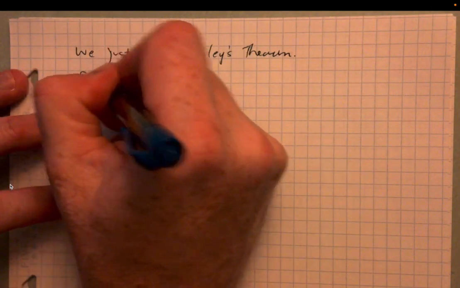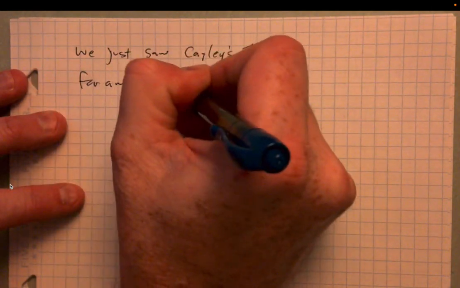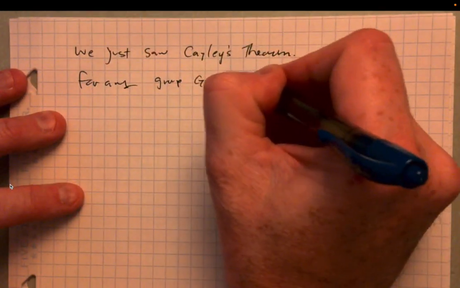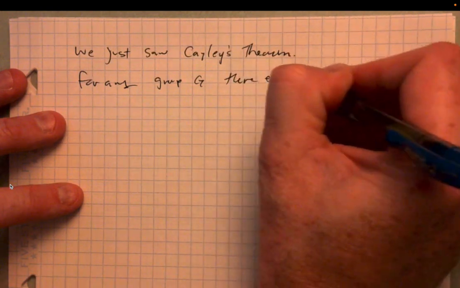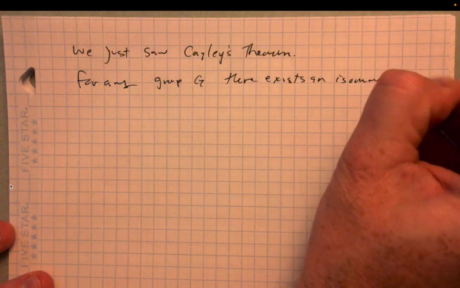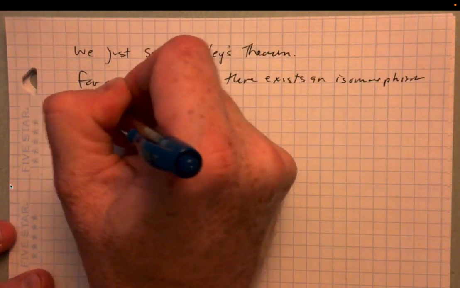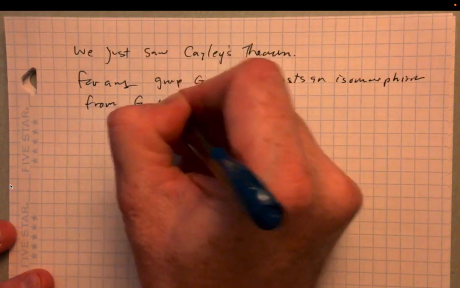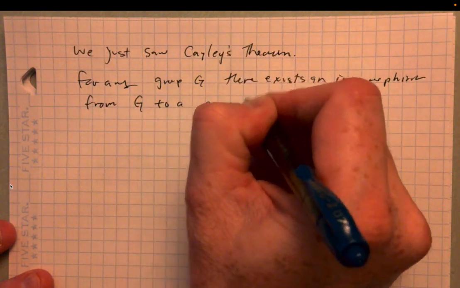So for any group G, there exists an isomorphism from G to a permutation group.